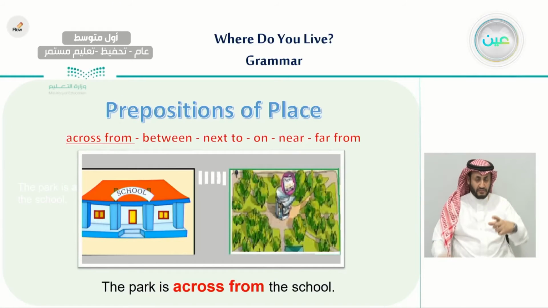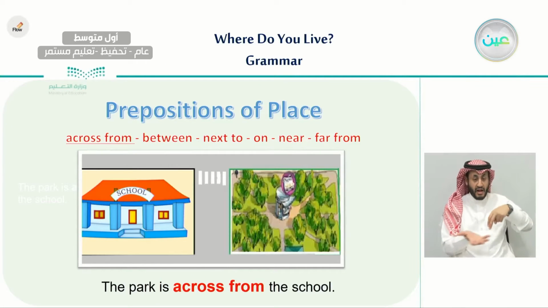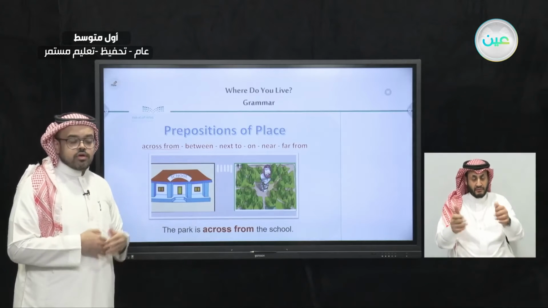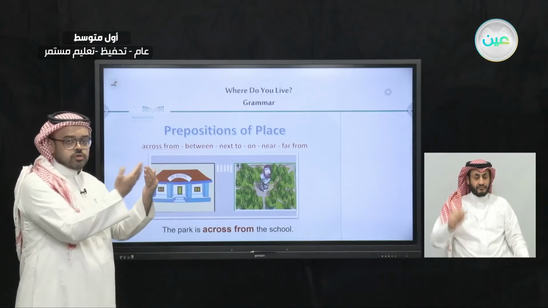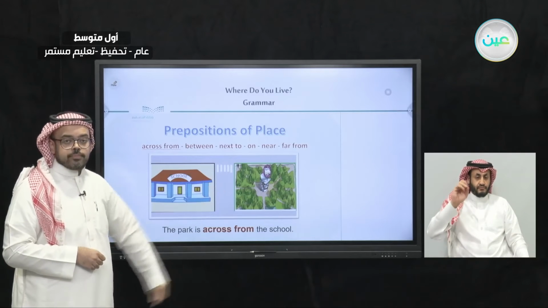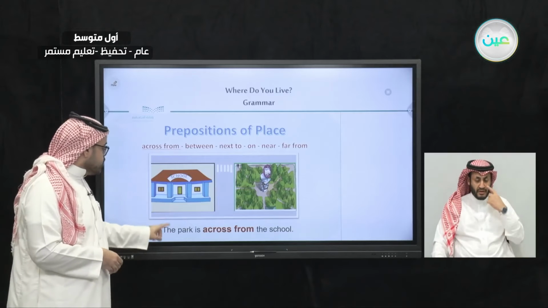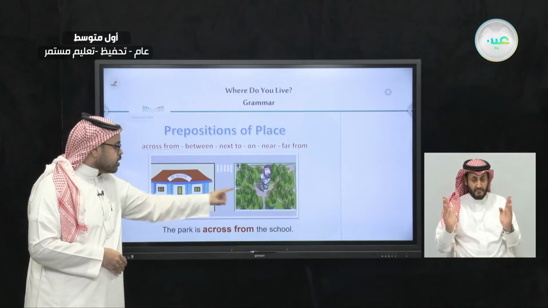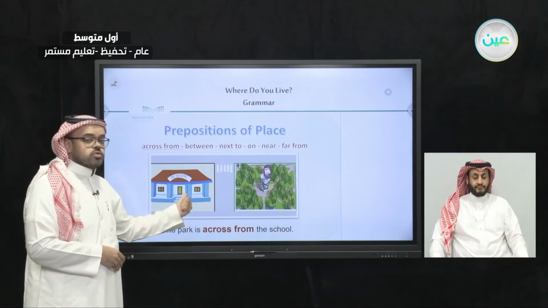The first one is across from. What exactly do we mean by across from? Across from is when you are in the opposite place of something. If there is something opposite of you, in front of you, you would use across from. For example, the park is across from the school.